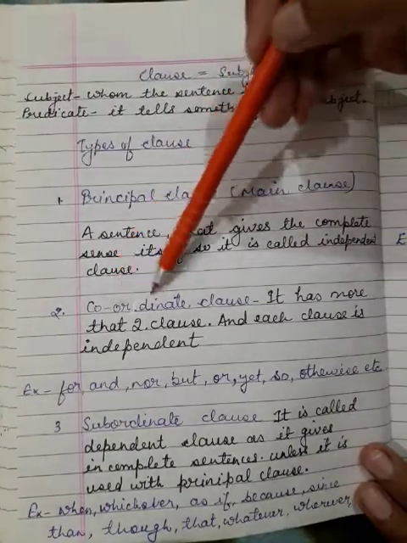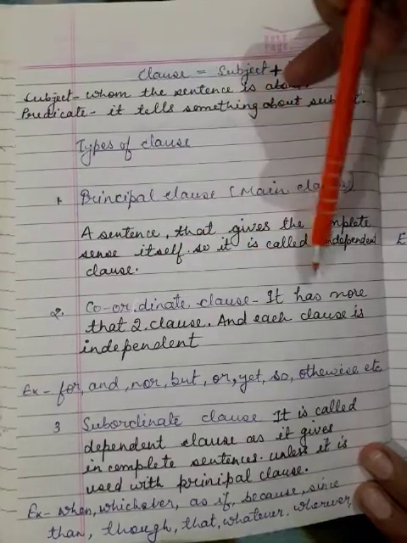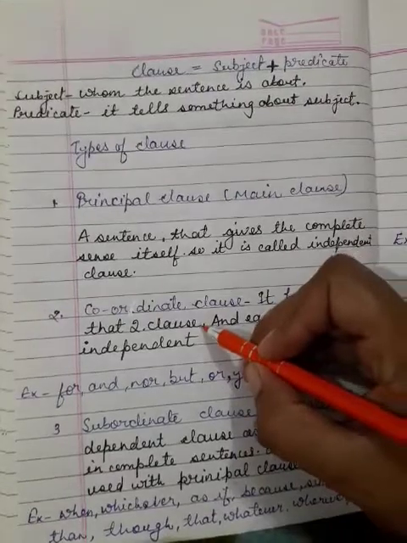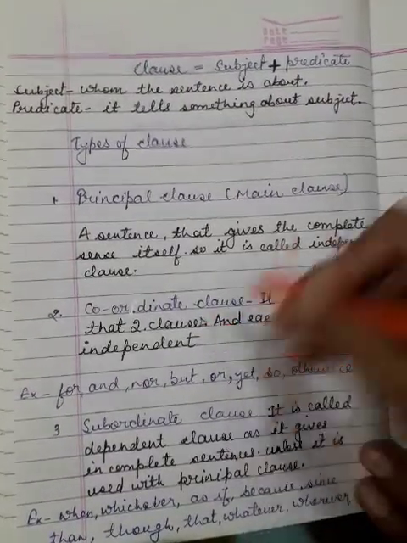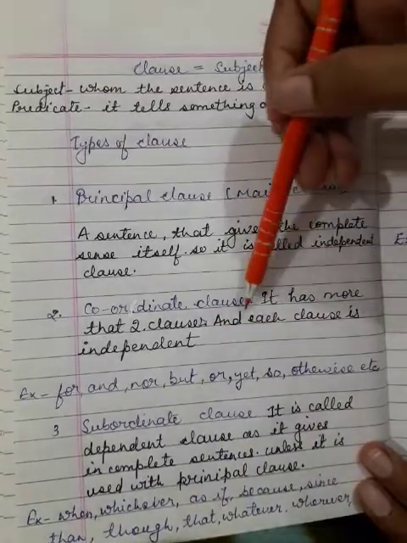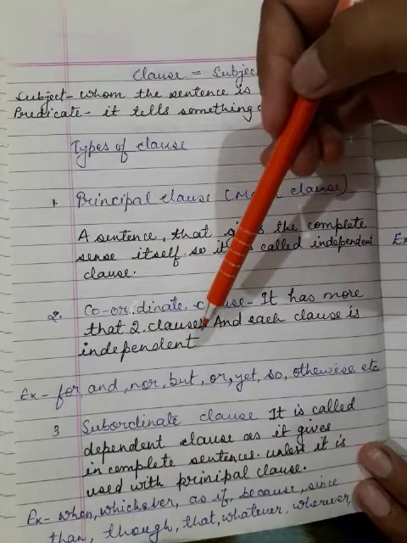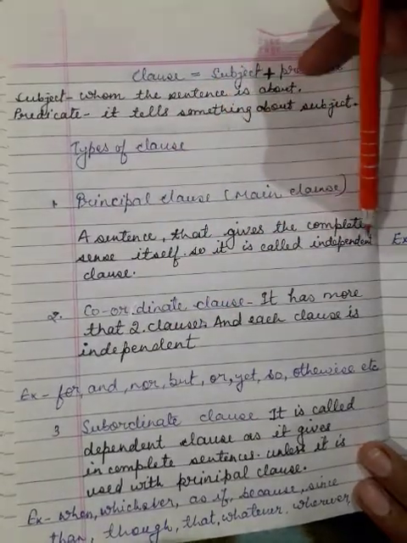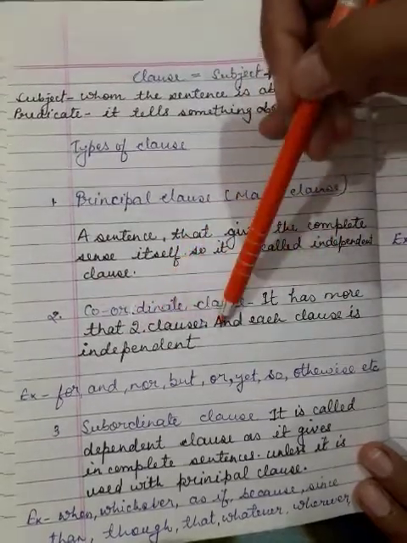Now comes coordinate clause. Now coordinate clause क्या है? Coordinate clause has more than two clauses, यानी, and each clause is independent. So if you see here, principal clause is an independent clause, and coordinate clause is also somewhere an independent clause.